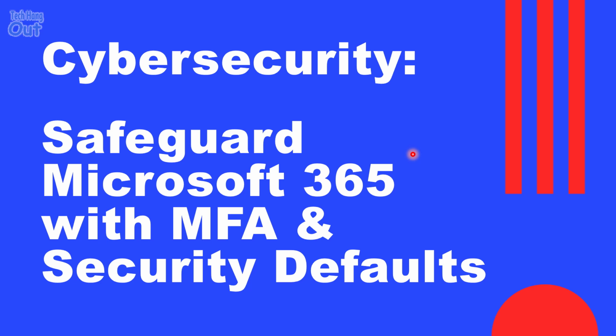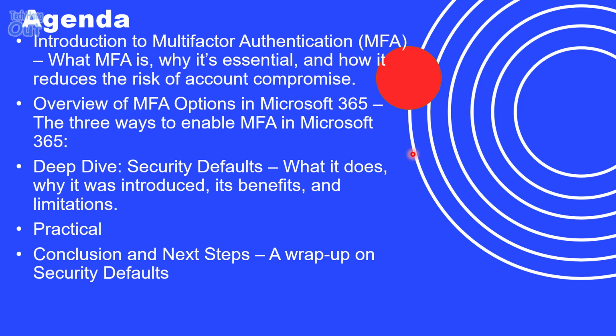So what am I going to cover in today's class? So here is my agenda for today's class. So we look into introduction to multi-factor authentication, simply known as MFA. What is MFA, why it is essential, and how it reduces the risk of account compromise. We also go through overview of MFA options in Microsoft 365.